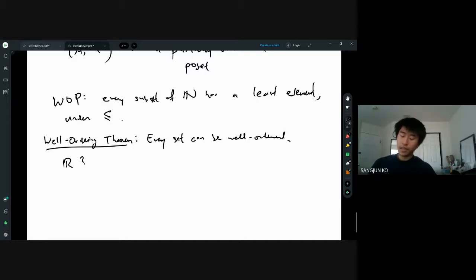If you want to do it directly, I think it requires transfinite induction, which we do not cover in Math 300, or I don't think any iteration of Math 300 would cover transfinite induction. If you want to talk about transfinite induction, you would probably need to take the set theory course. But there is a different way you can prove it using Zorn's lemma, which is also equivalent to the axiom of choice.